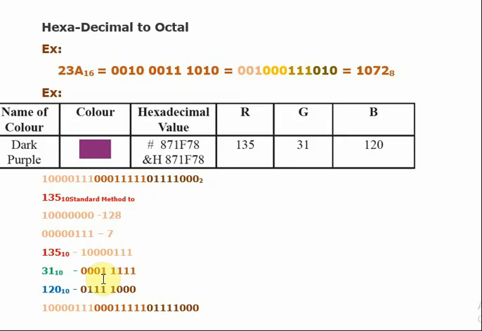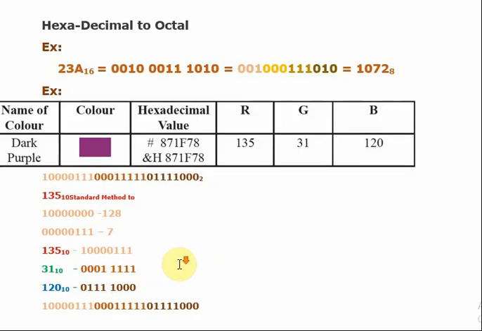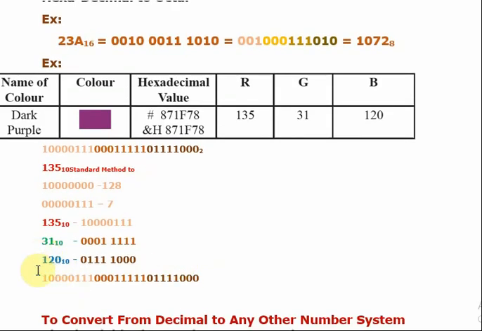Then 15 is closer to 8. You can't take a higher value, always the lower value. Then you put a 1 for 8. Then 7. Then 7 is closer to 4. You put a 1 here. Then 3 remaining. 3 is closer to 2. Put 1 here. Then 1. Then this is 31. Similarly 120.